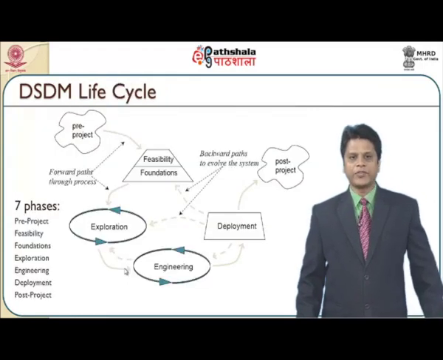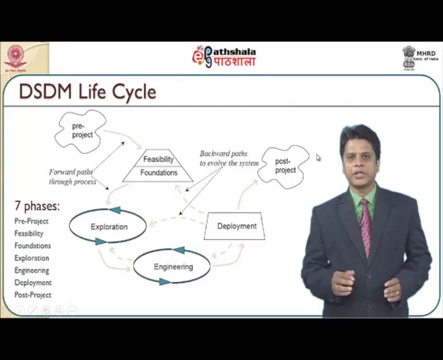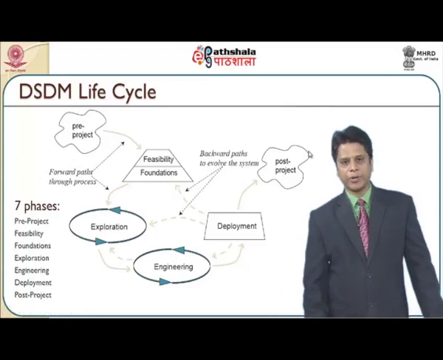This is the life cycle of DSDM, where a pre-project with forward paths through the process is given initially for feasibility study. The foundations of the project are being explored, engineered, deployed. The advantage being every phase is repetitively or retrospectively being taken up, and the post project is being conceived for later purposes.